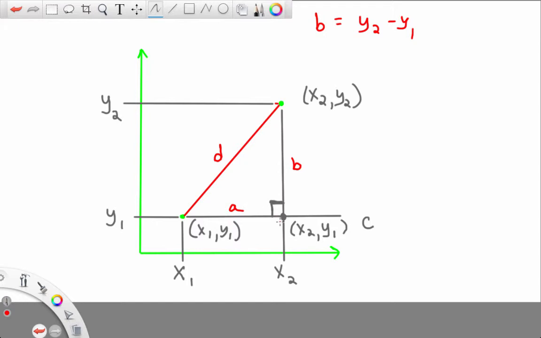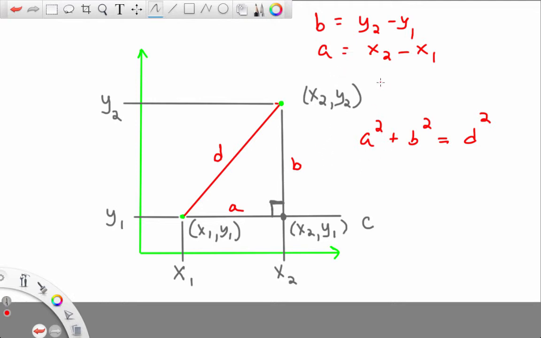And A is the distance between the x coordinates. A equals x2 minus x1. And we have a right triangle here, so we can apply the Pythagorean theorem again. A squared plus b squared equals c squared, equals d squared in this case, because I labeled the hypotenuse d for distance.